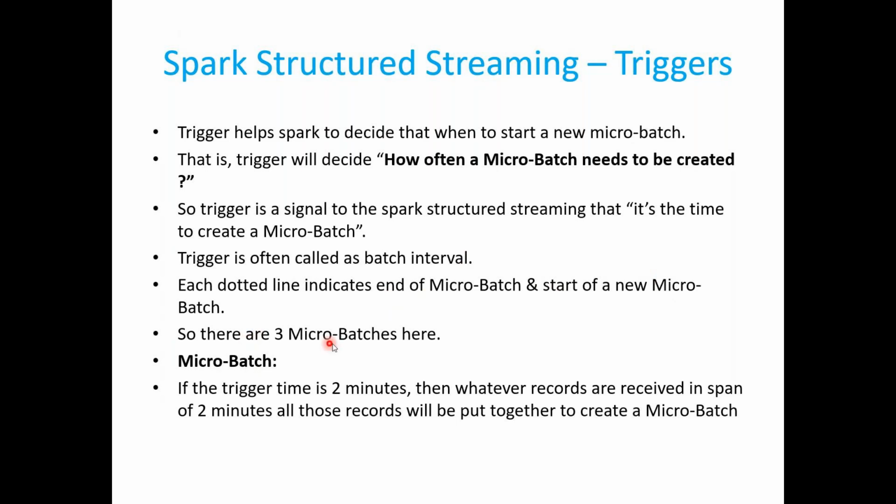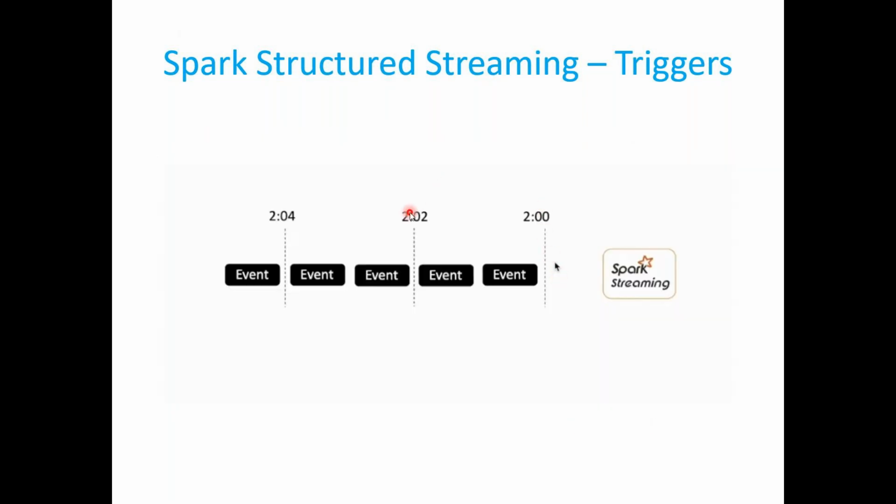So totally there are 3 micro batches here because if the trigger time is 2 minutes, then whatever records are received within a span of 2 minutes, all those records will be put together to create a micro batch. Because the batch interval is 2 minutes, whatever data comes in within 2 minutes is accumulated and then created as a streaming data frame.